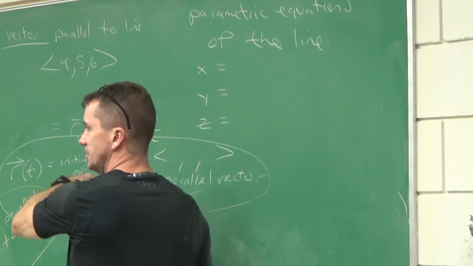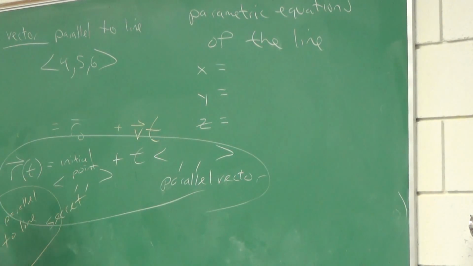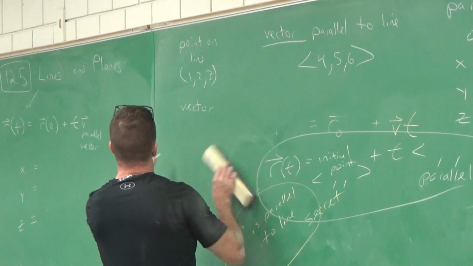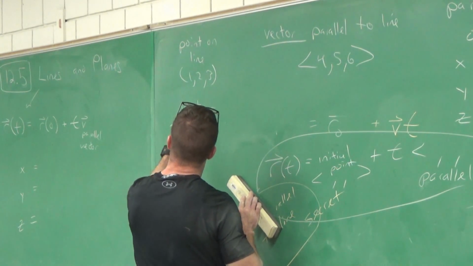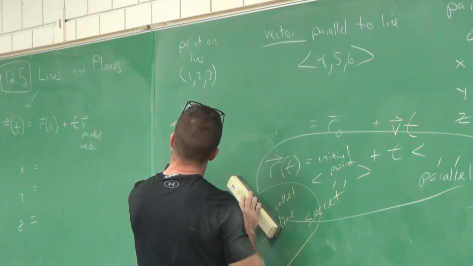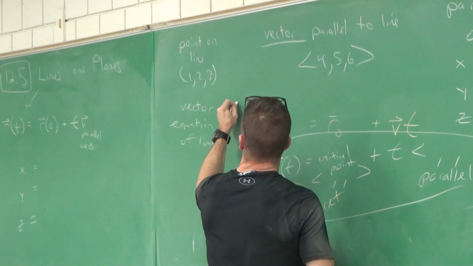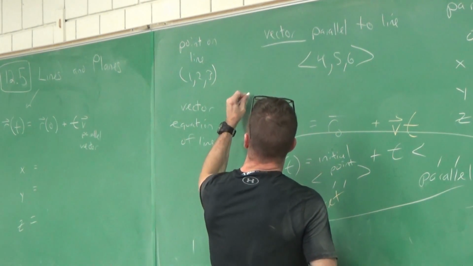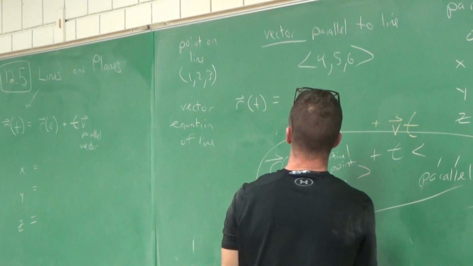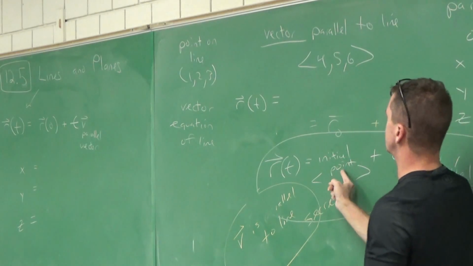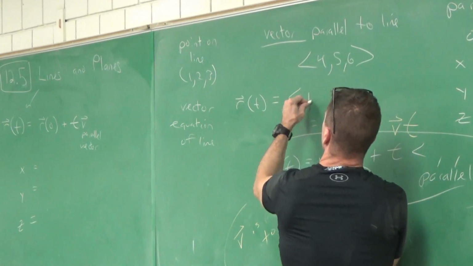So, I'm going to write it as a vector. And what would be the vector equation of the line? I'll erase this. It's simply r of t equals initial point plus t times parallel vector. What's the initial point? (1, 2, 3).